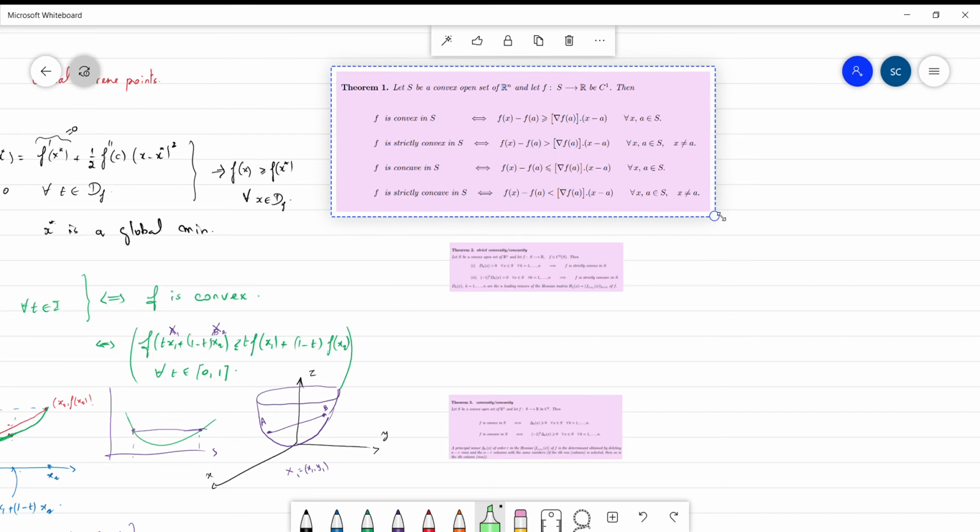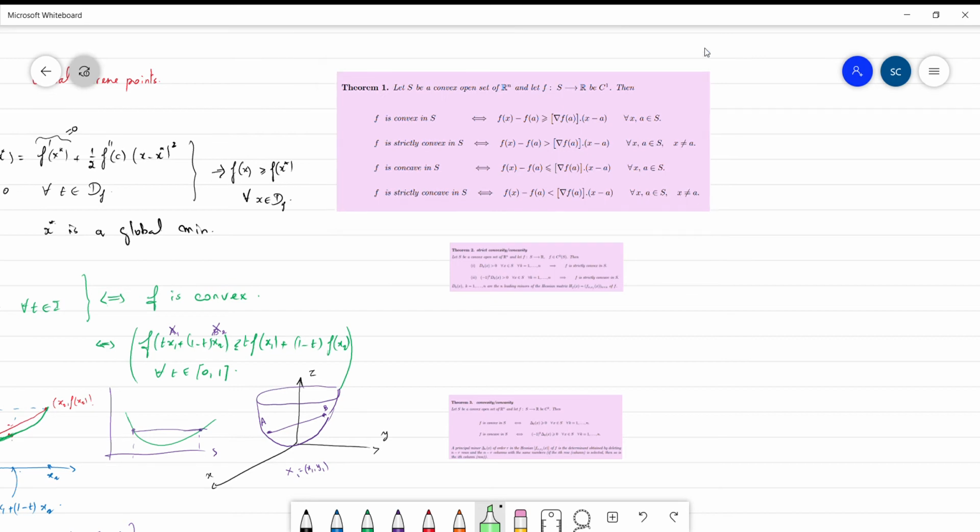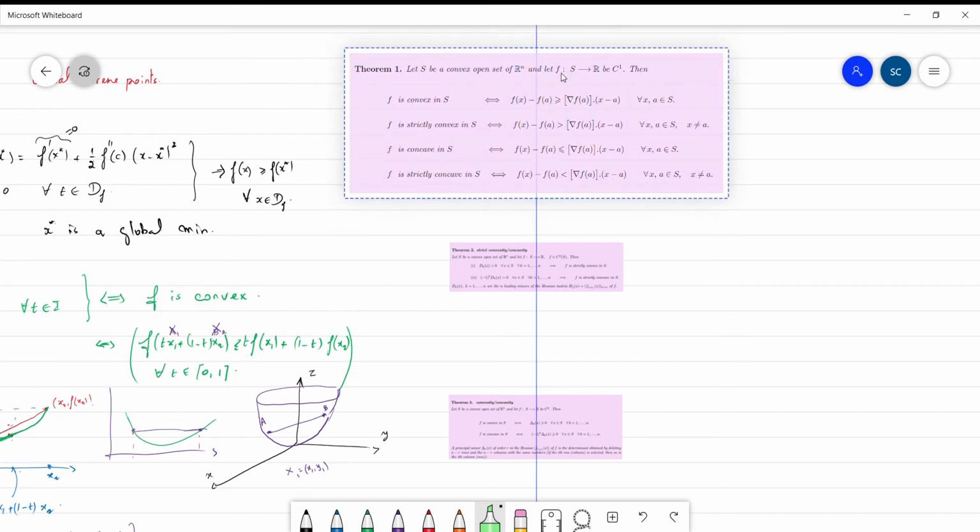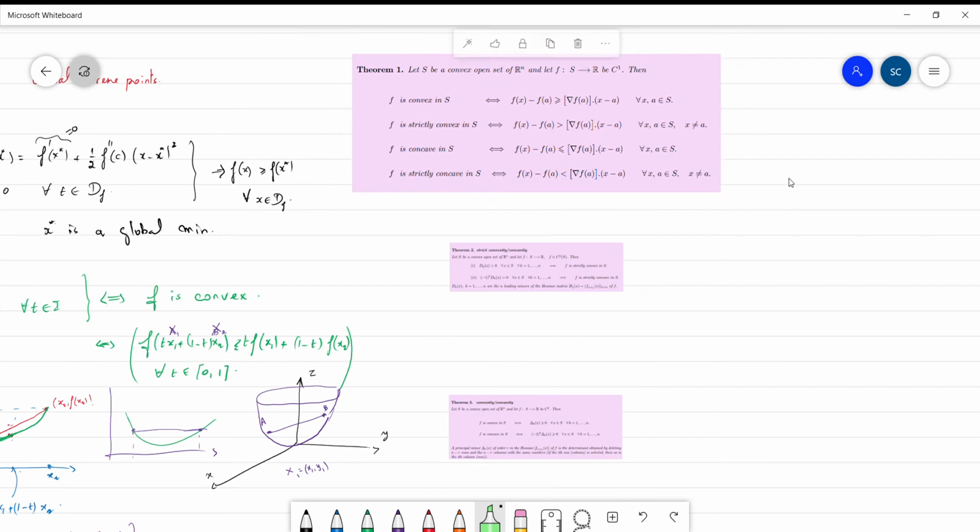So the first theorem says the following. Here it is. Let's move it here. Here are the assumptions. We need convexity of the set, as we explained why. And here it assumes only C1 regularity, which is less than the one we spoke about.